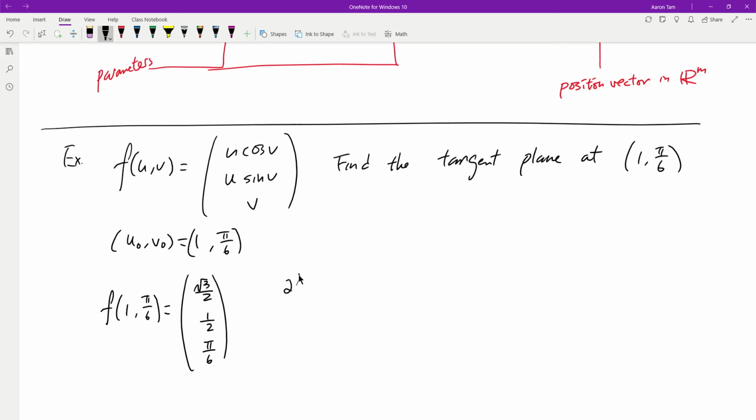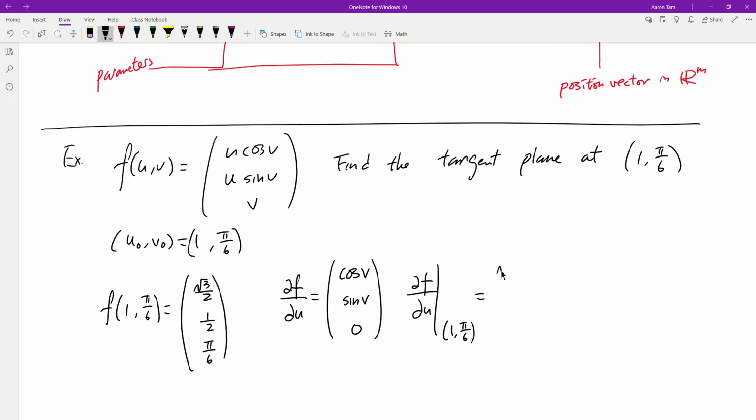The next thing I need would be my derivative. So I'm going to do df over du, which we actually did before. That is cosine v, sine v, 0. Therefore, df over du evaluated at (1, pi over 6) would equal cosine of pi over 6, which we already established is root 3 over 2, sine of pi over 6 is 1/2, 0.